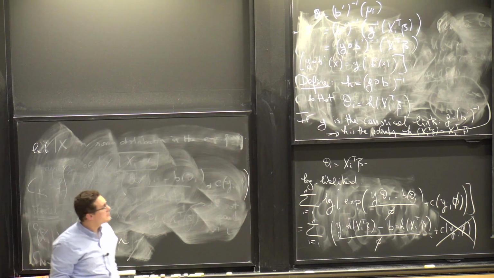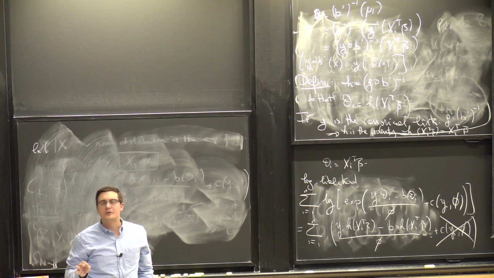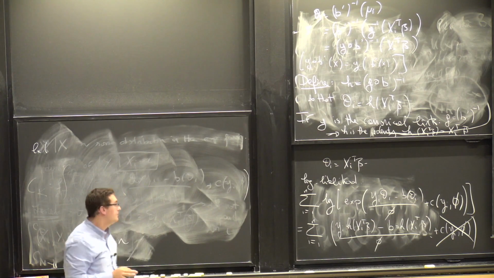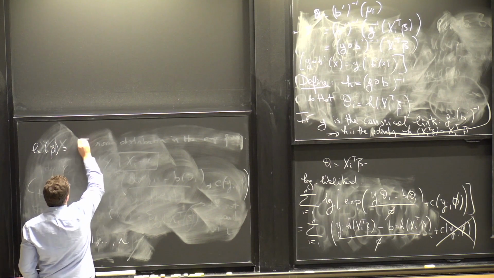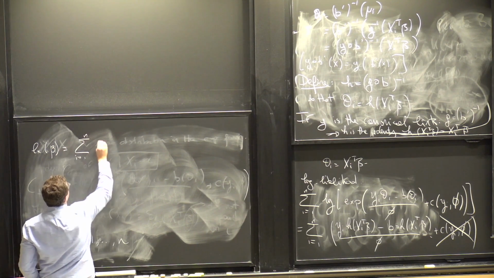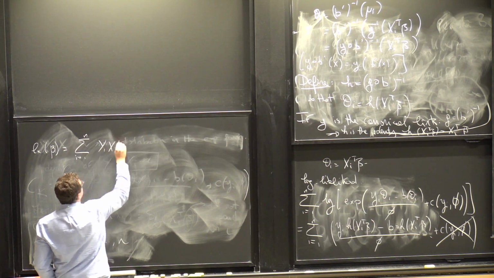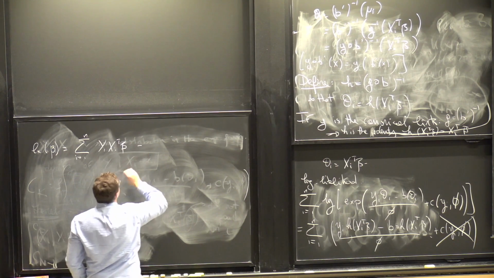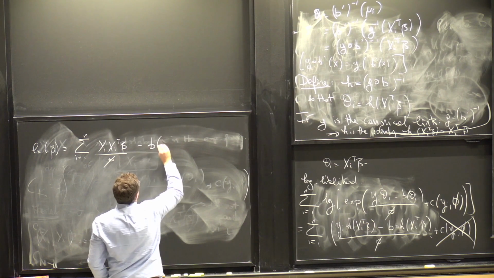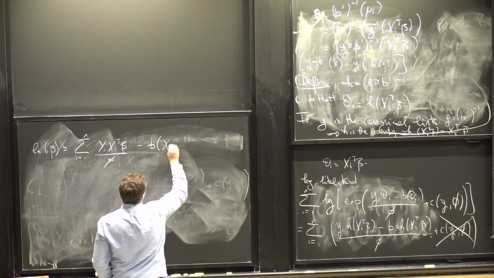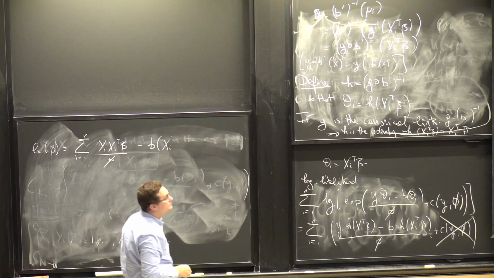And it depends on a bunch of stuff, but let's just make it depend only on the parameter that we care about, which is beta. All right? So this is of the form l of beta, and that's equal to the sum from i equal 1 to n of yi xi transpose beta minus, let me put the phi here, b of xi transpose beta.